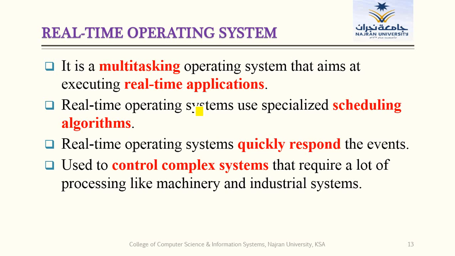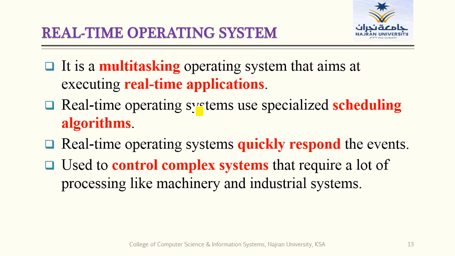Let's suppose you go to an automatic door, and as you walk in front of that door, it automatically opens. This is a real-time application. Whenever the sensor gets the signal that somebody is in front of the door, it automatically opens. Mainly these are used to control complex systems that require a lot of processing, like machinery and industrial systems.